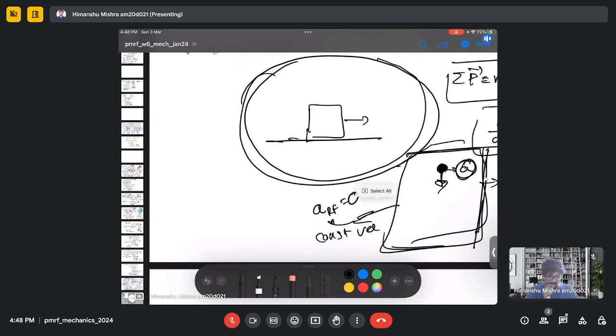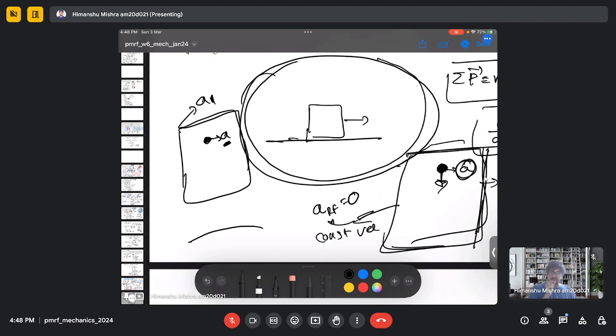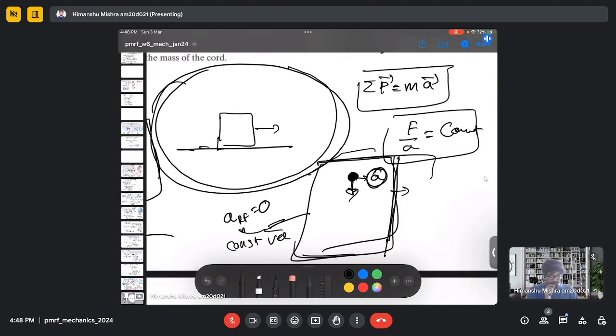But now let's say your frame is moving with some acceleration a1 and the body you are studying is moving with some acceleration a. When you calculate this acceleration a, you will get different results because your frame of reference is also accelerating. For example, Earth is moving with some acceleration, and when you calculate the acceleration of this body, you will find that it is not equal to this constant; it is a little different.